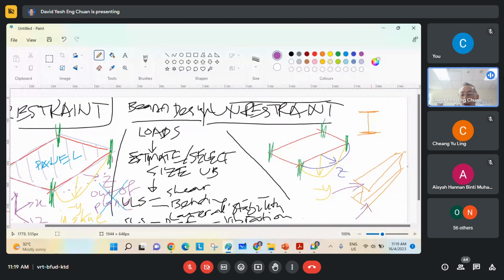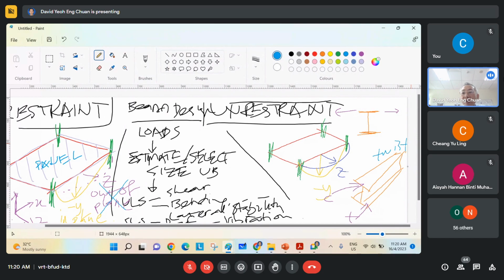The upper flange is the compression flange, and the lower flange is the tension flange. In an unrestrained beam, the upper flange, which is under compression, will tend to move to the right or to the left out of plane, and it's going to twist. So you can see here, it's a bit twisted. The upper flange is going to go laterally to the left or to the right, and it's going to have a twist.